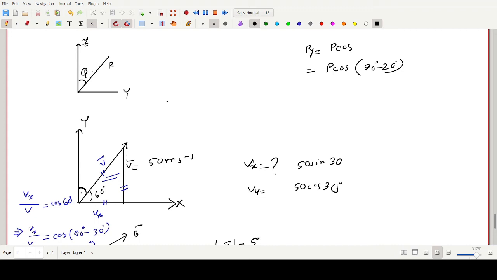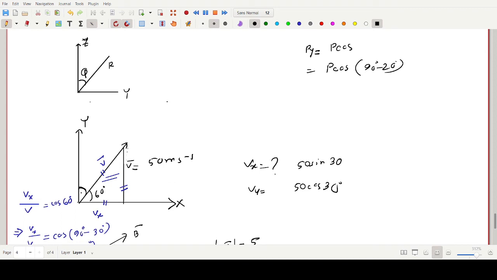If we draw a perpendicular of R in the XY plane, which is not shown on this board, the x-axis will be in the perpendicular direction of this plane, so we can draw an XY plane.